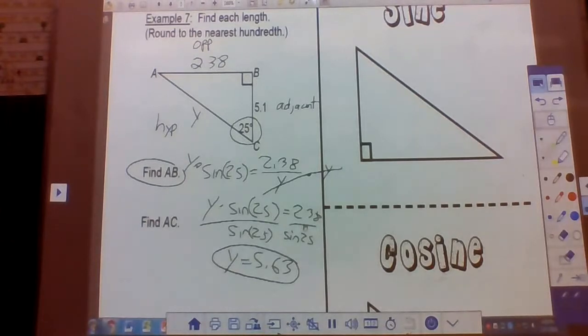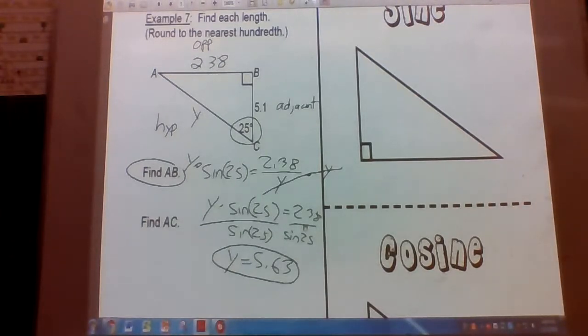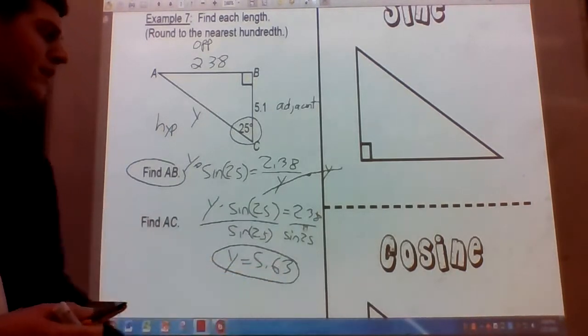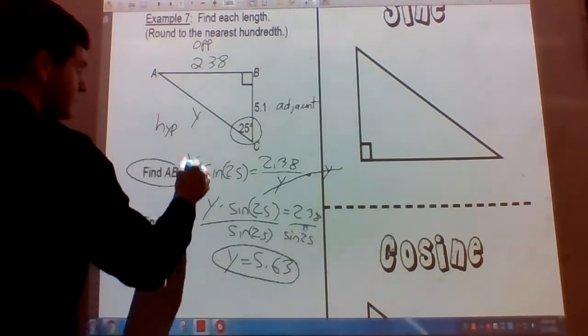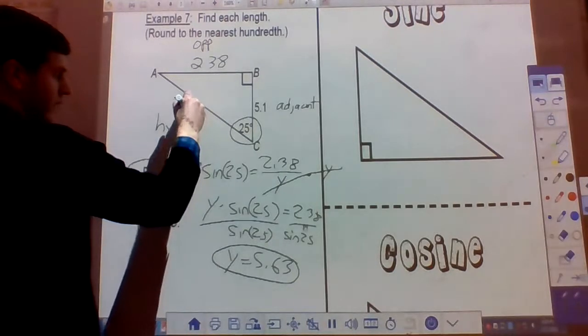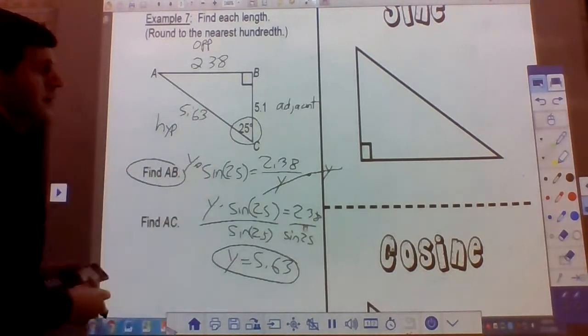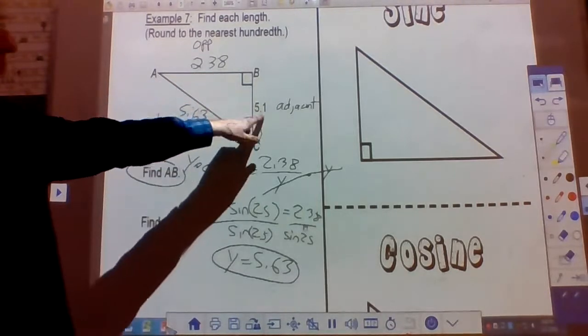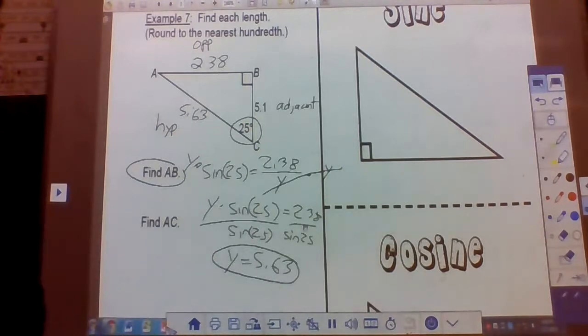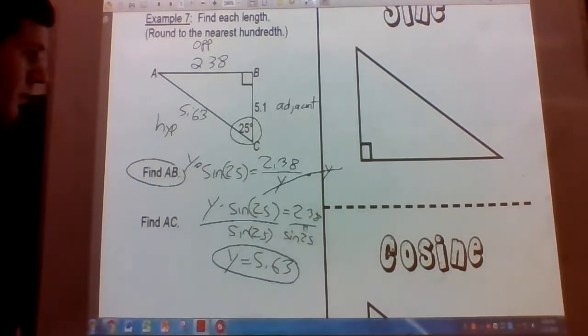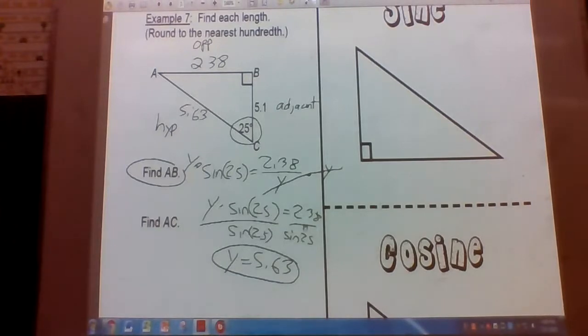So let's try that. 2.37817 divided by the sine of 25, we're going to get 5.627, which is still rounded up to 5.63. So they can be a little different depending on how you round, but AC is going to be 5.63. 2.38 squared plus 5.1 squared should equal 5.63 squared by the Pythagorean theorem. We don't need to put it in, but that's what should work.